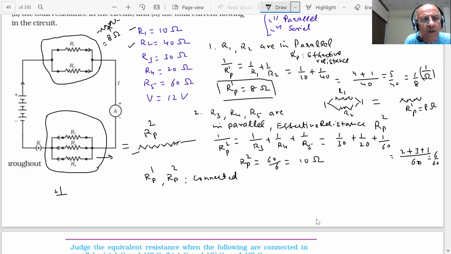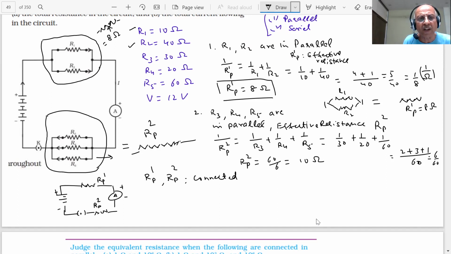You have plus, minus, plus, minus. For example, now I have got one here, RP1. This is your ammeter, and this is your key, student, and I am putting another one here. What is that? RP2. How are they connected now?